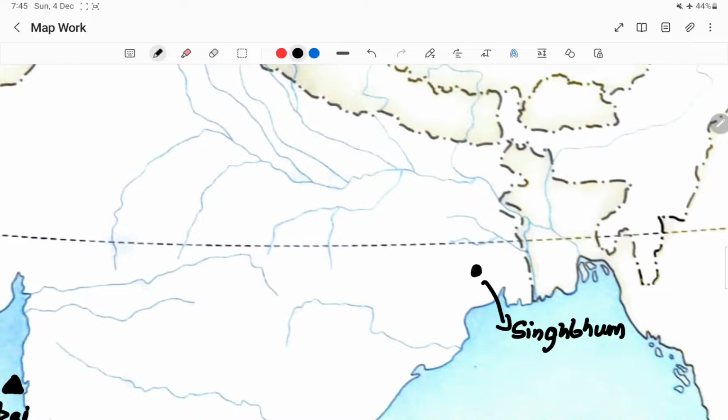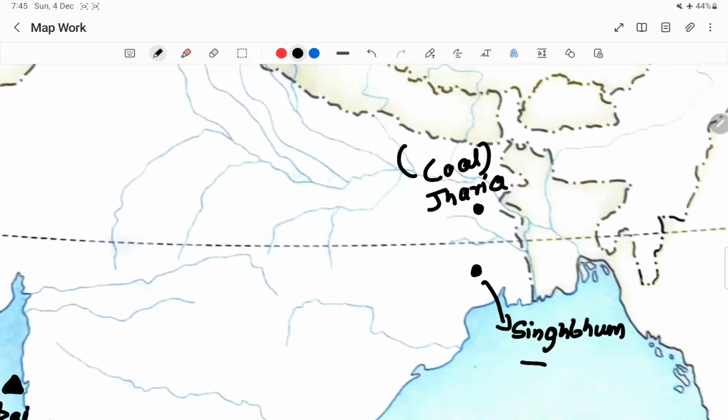And the last one is for the coal, that is Jharia. Singbum and Jharia lie right up and down to each other basically, and the trick for Jharia is that it is above the Tropic of Cancer, so it will lie over here. So this will be Jharia, that is for the coal.